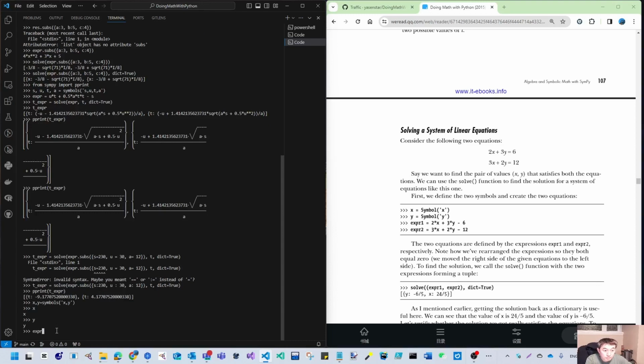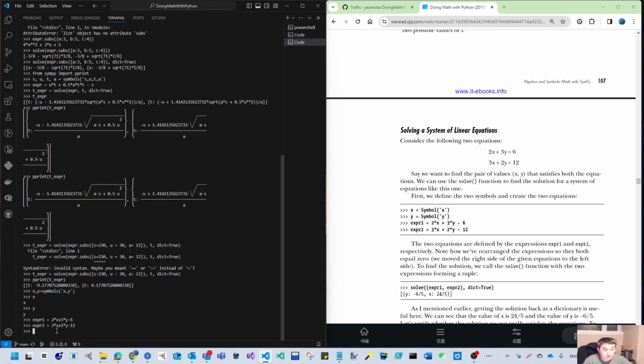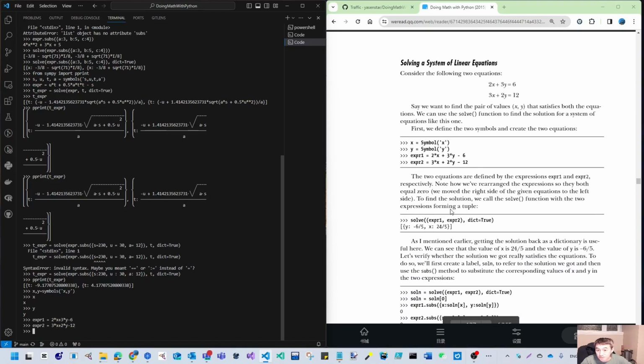We have two expressions. One is 2 times x plus 3 times y, so don't forget the star, and make that an equation, so we need to minus 6, then this equation equals 0. And another is 3 times x plus 2 times y, and also minus 12, equal to 0.